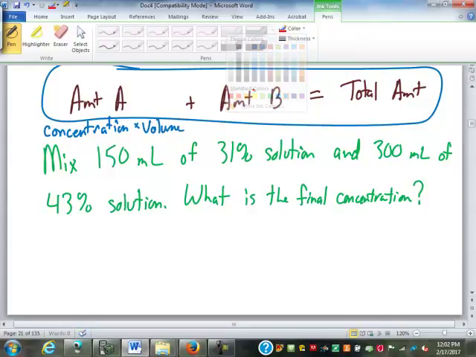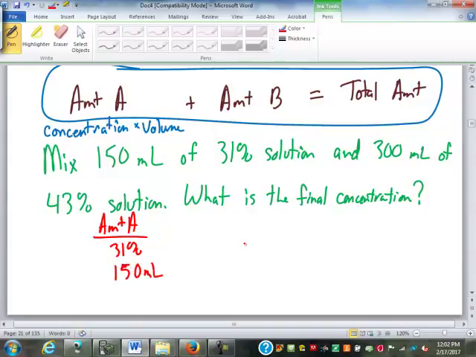So let's let amount A be the 31%. And that's 150 milliliters of that solution. Let's let solution B be the 43%. And we have 300 milliliters of that being added in.